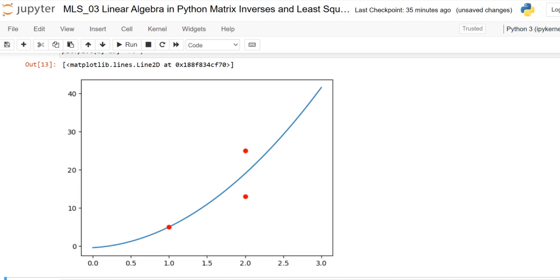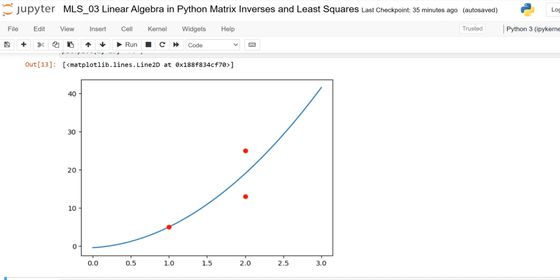Okay, so another way to compute the least square solution is by using the pseudo inverse of a matrix. You can think of this pseudo inverse as a generalization of the matrix inverse, as it's equal to the usual matrix inverse when the matrix is not singular.